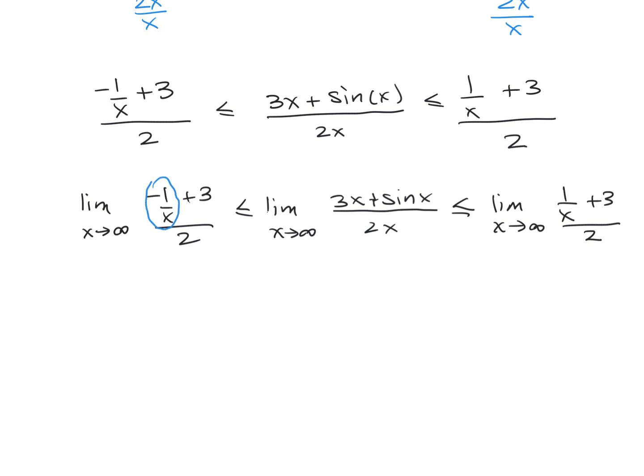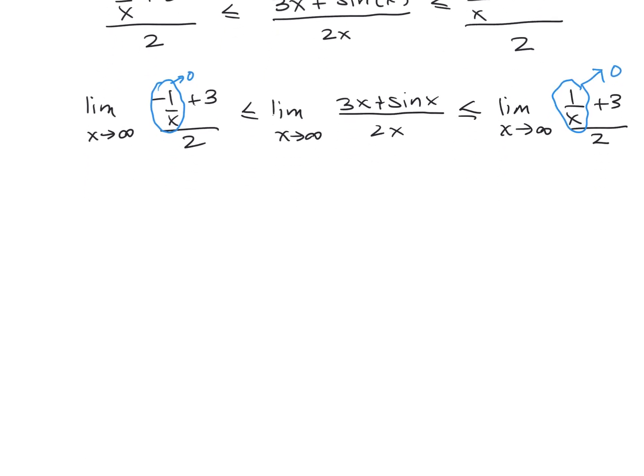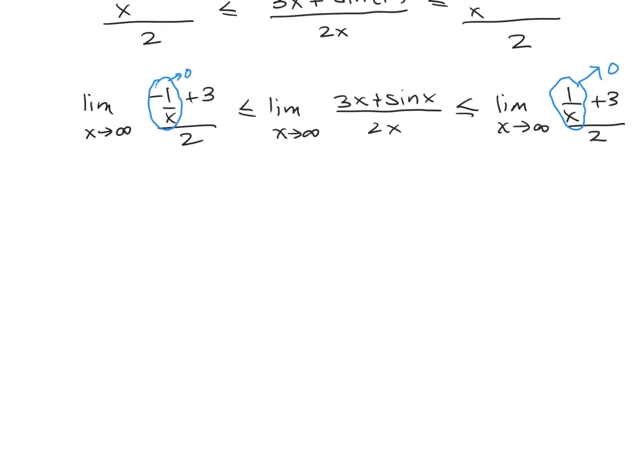This limit we know is going to be 0. This limit is going to be 0 as well. So we now have our limit in question bound between 3 halves and 3 halves.